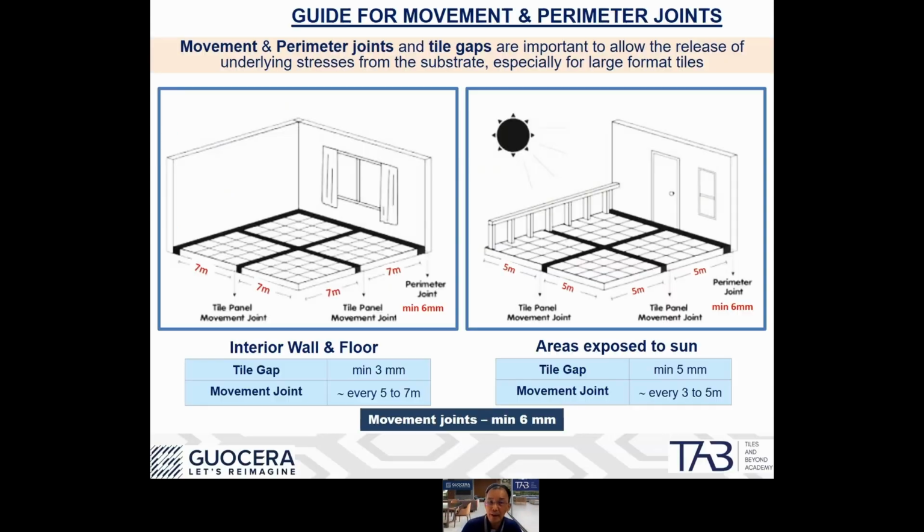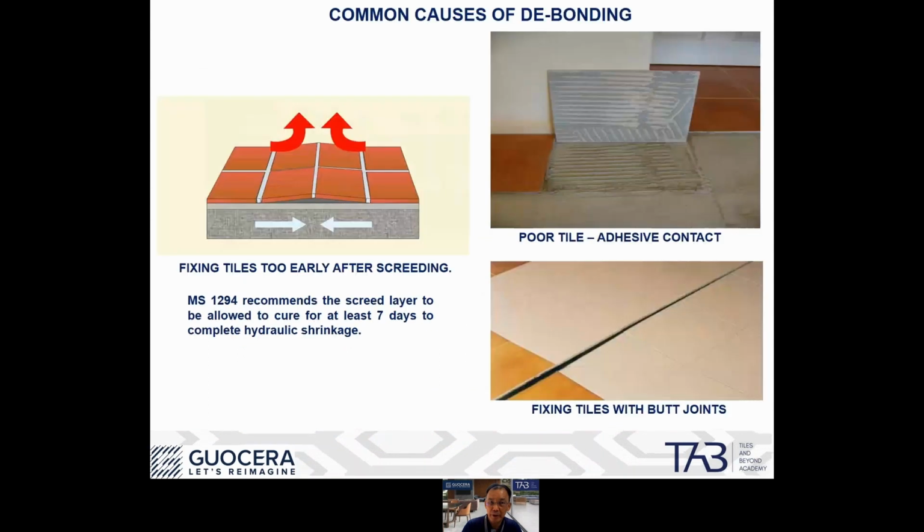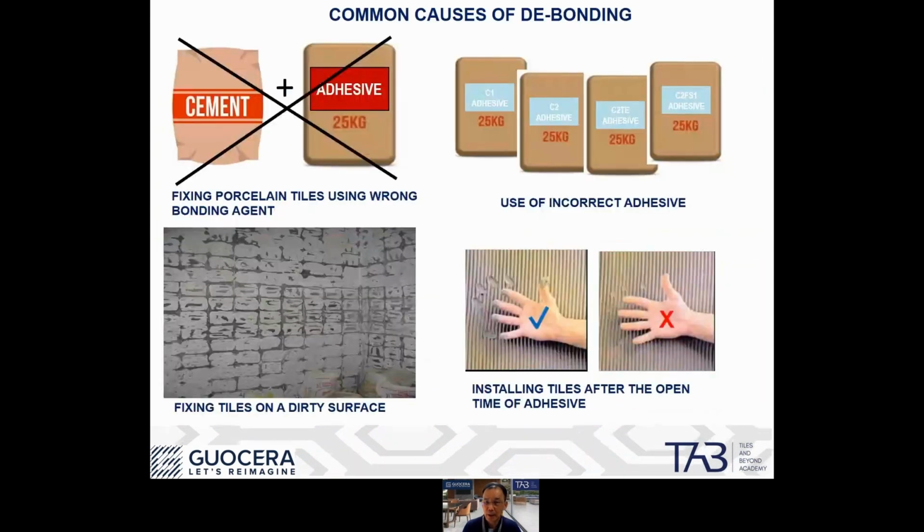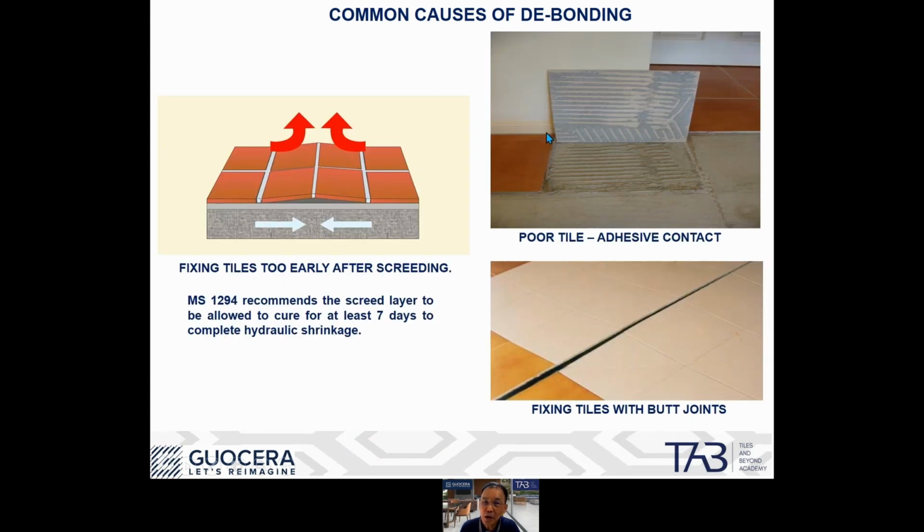Now, remember, I mentioned the causes of debonding. The causes of debonding or hollowness are not only caused by the voids or the coverage. For example, for the area which has debonded, first of all, we need to look at whether there were any joints or whether the tiles were installed without joints.